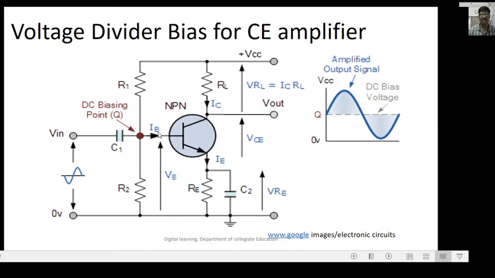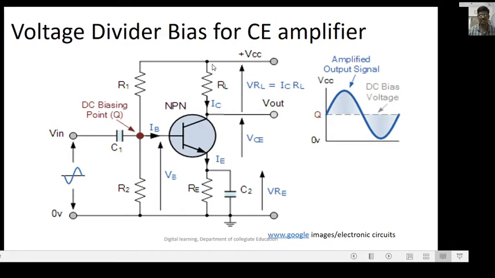Here IB is the base current. R1 and R2 are the biasing resistances, which means voltage or current can be biased, so we call them biasing resistances. VCC is the voltage or energy supplied to the circuit.